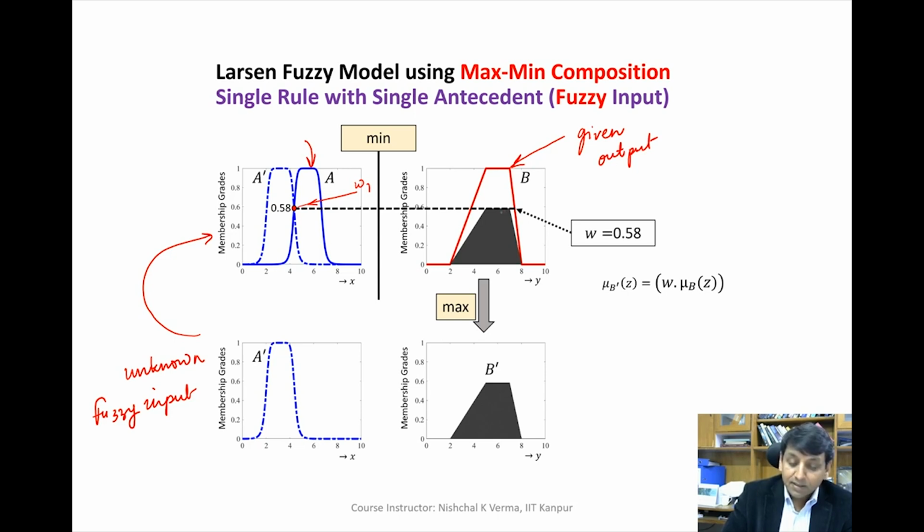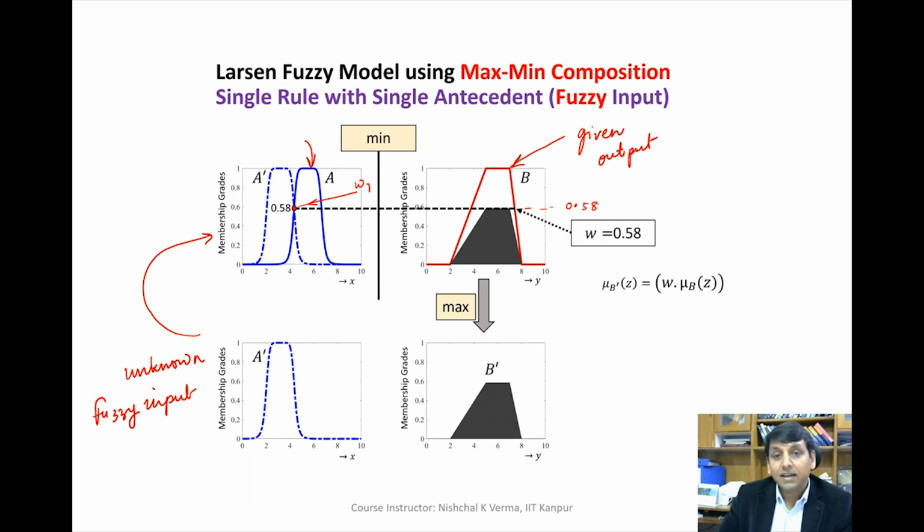Here this highest value is scaled down to 0.58. Here we have 1. The height of the fuzzy set B is 1. Now the maximum height of the resulting membership function, or the fuzzy set, has to be 0.58. So this has to be 0.58.